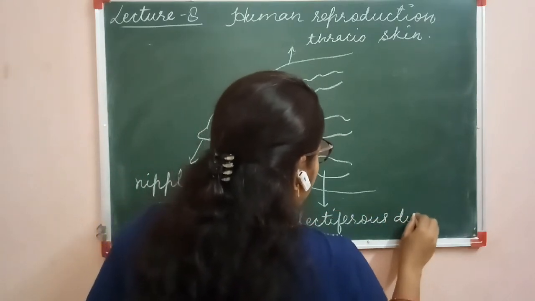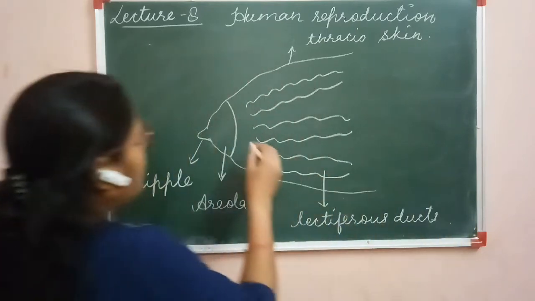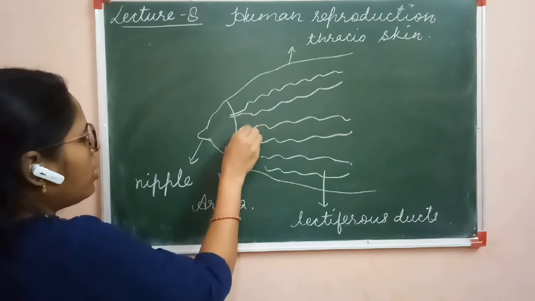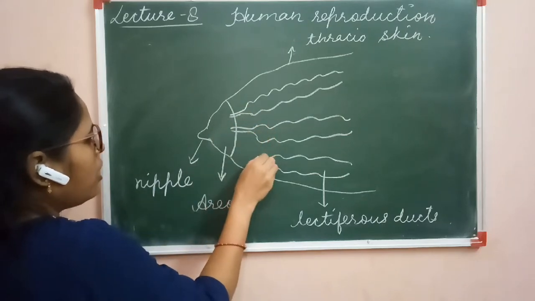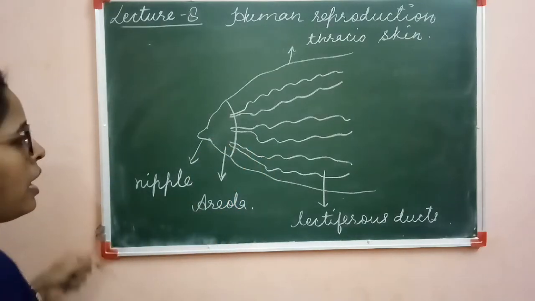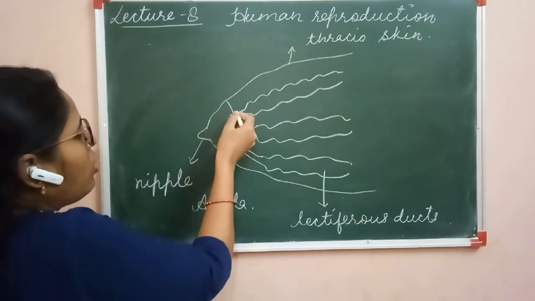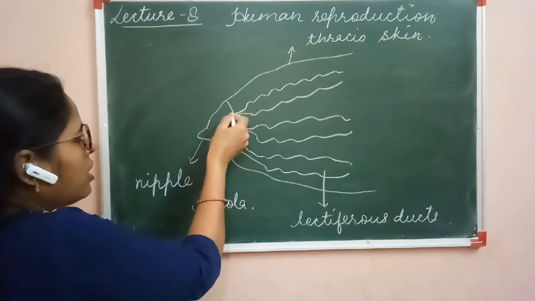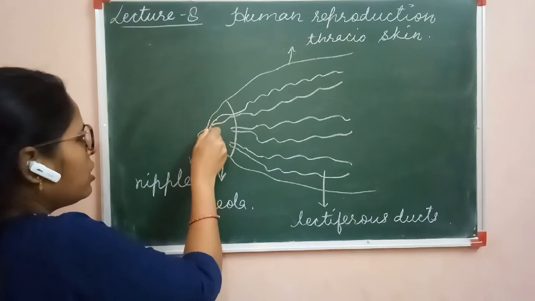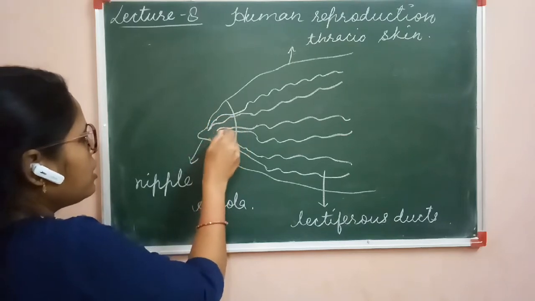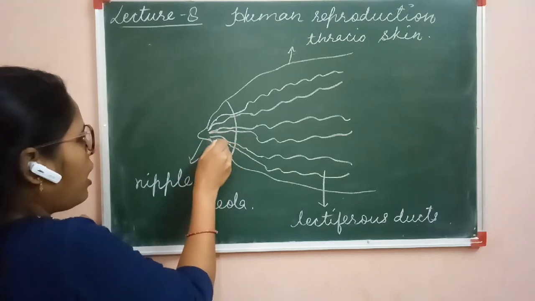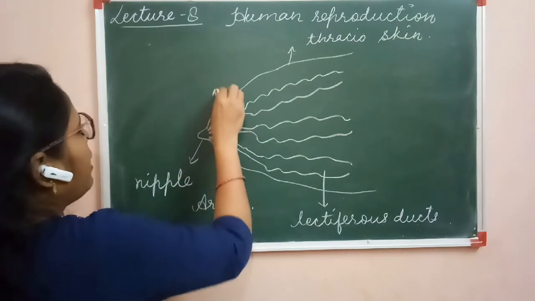These lactiferous ducts commonly open into the areolar region, and in this region the lactiferous ducts are modified into a bulging structure. This bulging structure is called the ampulla or lactiferous sinus.